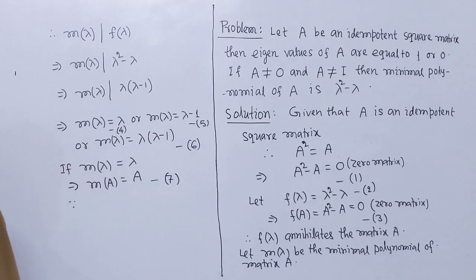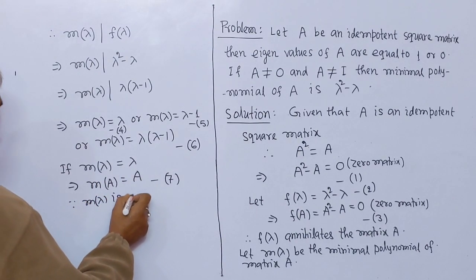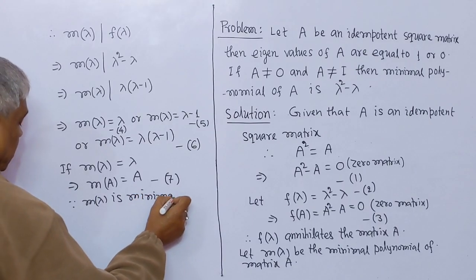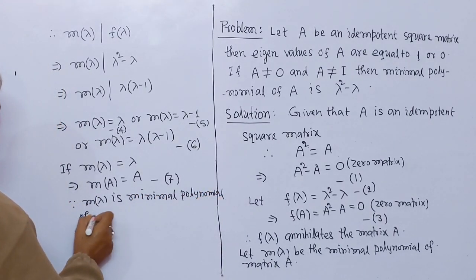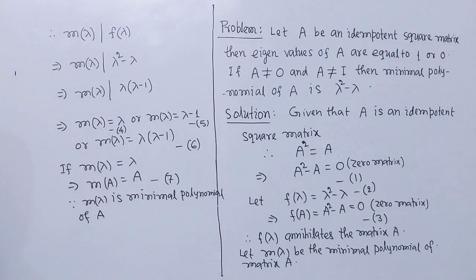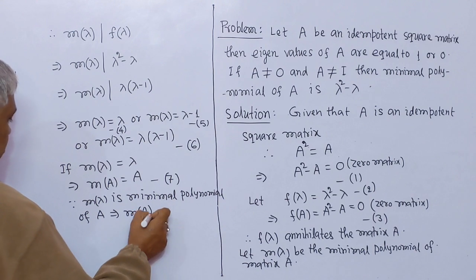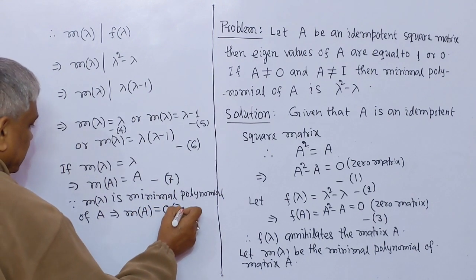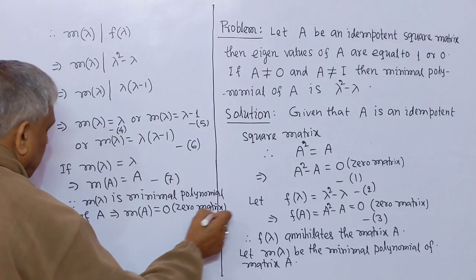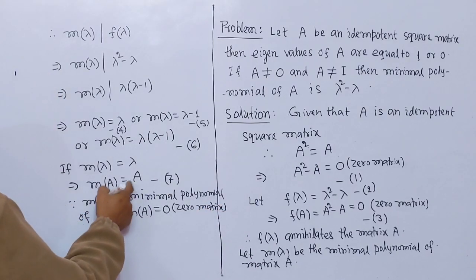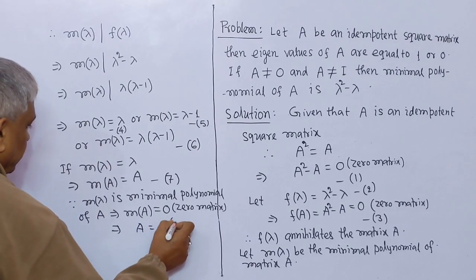Since m(lambda) is the minimal polynomial of matrix A, this implies that m(A) equal to 0 matrix, which implies that m(A) equal to A, here A equal to 0 matrix.